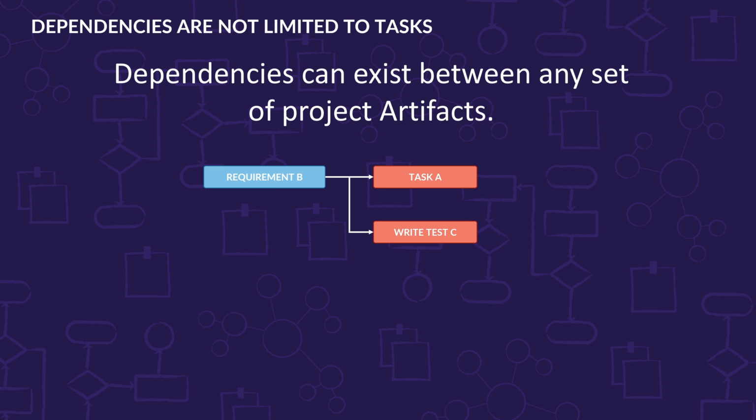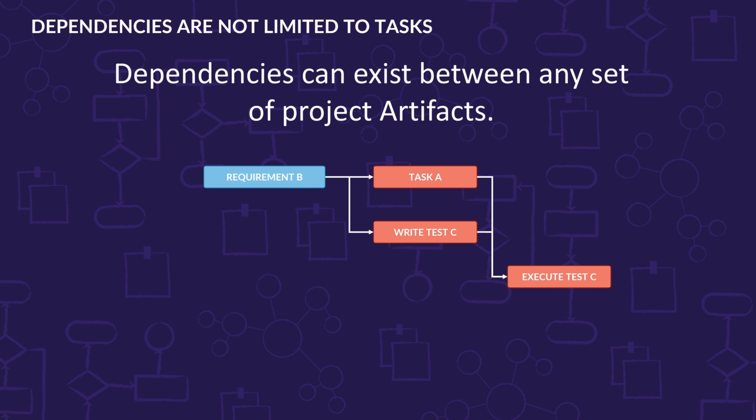Another example is if I've got that requirement, I can't write the test case to test the requirement until the requirement is actually written, for example. So this is a case of a test artifact being dependent on a requirement artifact.